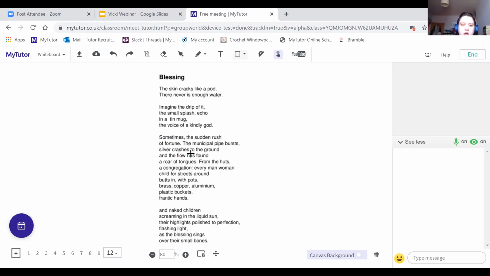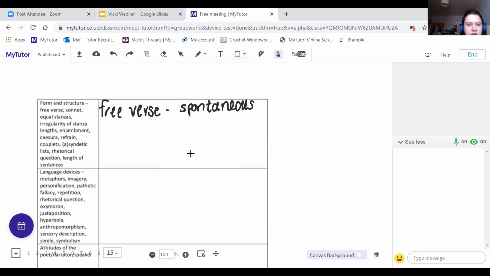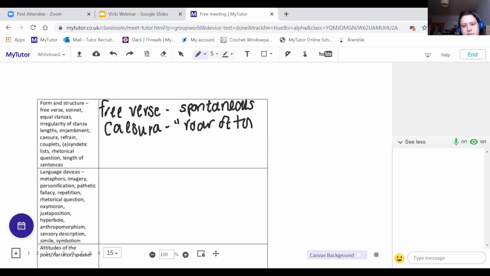So we've got roar of tongues, which is our caesura. And we've got some enjambment going on as well. I won't write down the examples for that, but we definitely do have that.